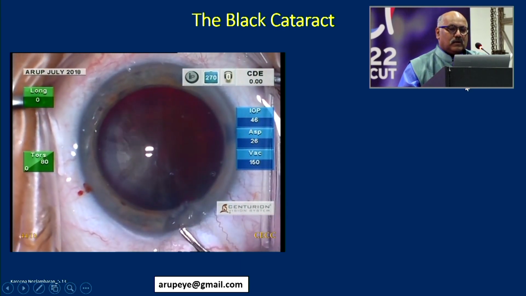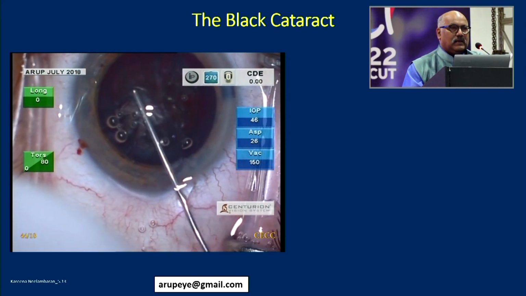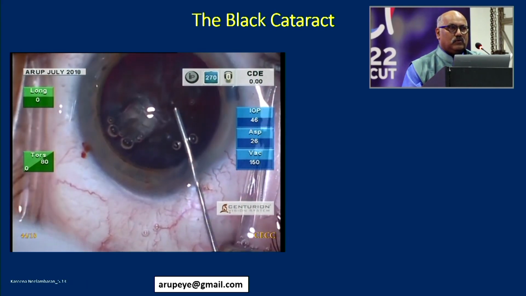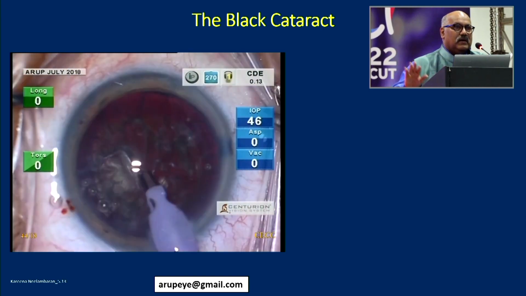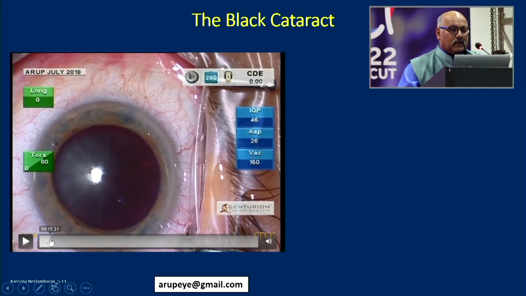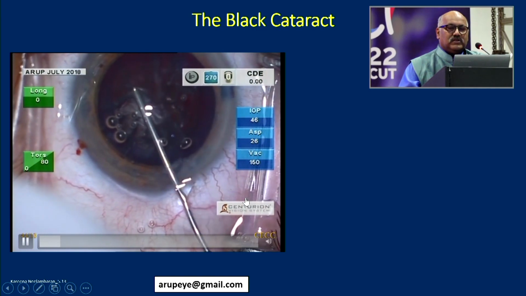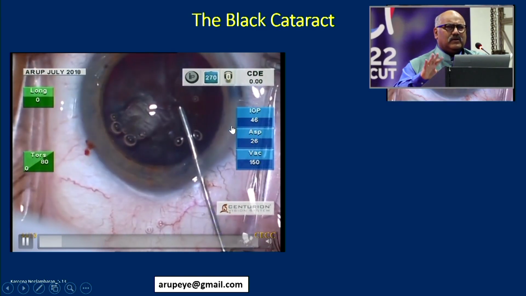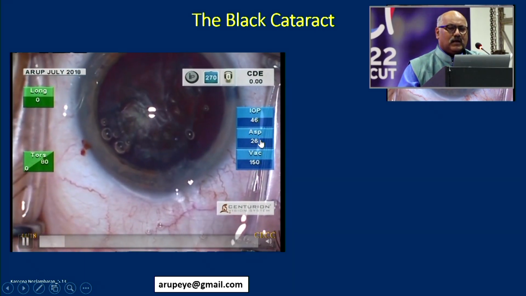So now here I'm going to do a stop and chop technique. This is a technique which works quite well in many situations. It's not something which is pushed to the dustbin of history. So I start off with sculpting. And if you see my parameters here, I don't require a very high IOP because I'm not working with a high vacuum or high aspiration.